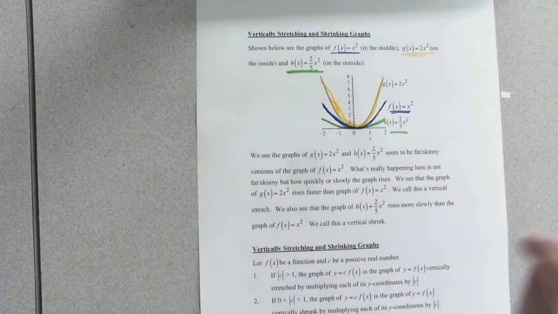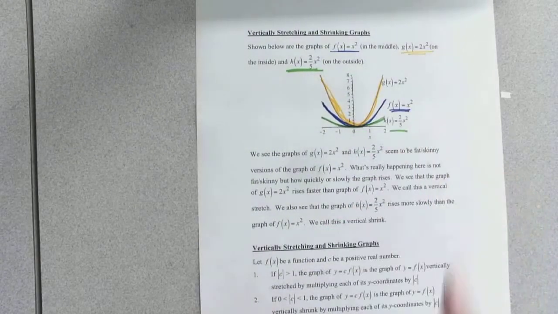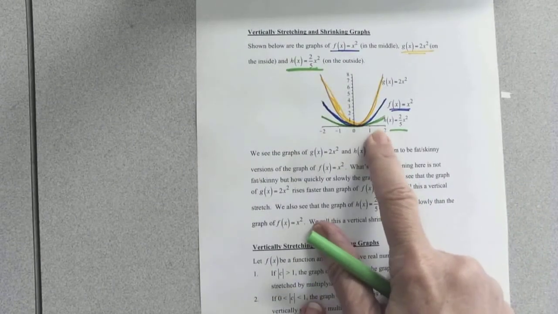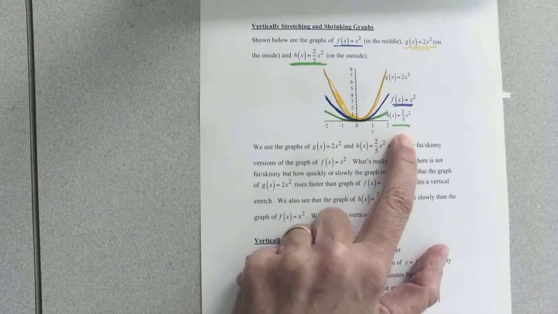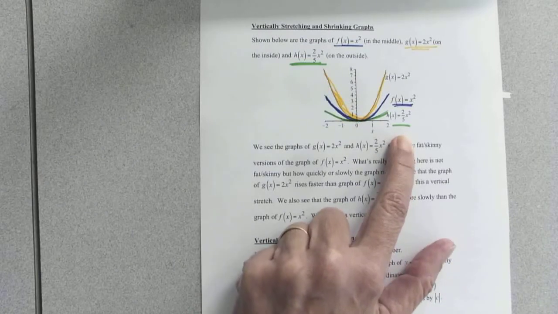So a positive number out in front is this vertical stretch or shrink. If the number is bigger than 1, it's a stretch. It rises faster because you end up multiplying each y coordinate by that number. They're multiplying all the y coordinates by 2. If the number is less than 1 but still positive, it's a vertical shrink because you're cutting, in this case, each y coordinate down by 2/5.